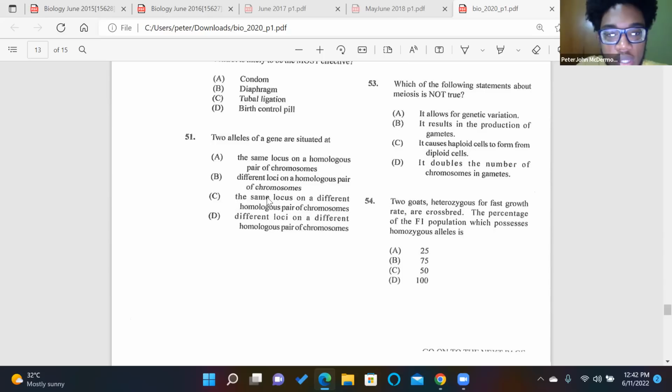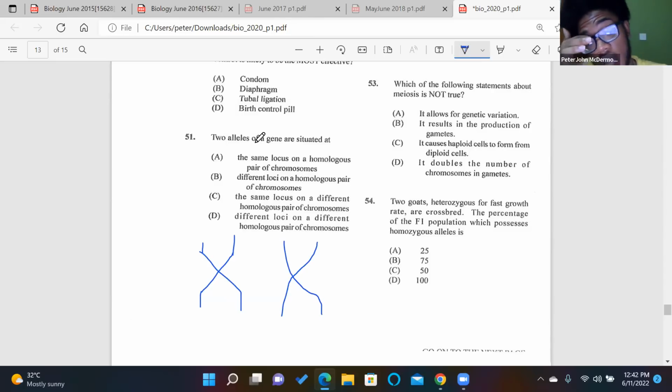The same locus, so the same location, locus is just a location, the same locus on a different homologous chromosome of a pair.